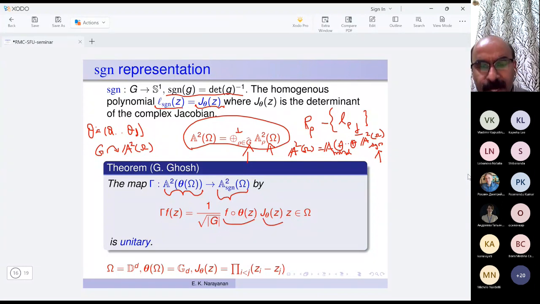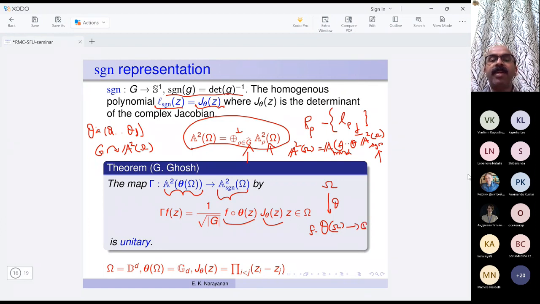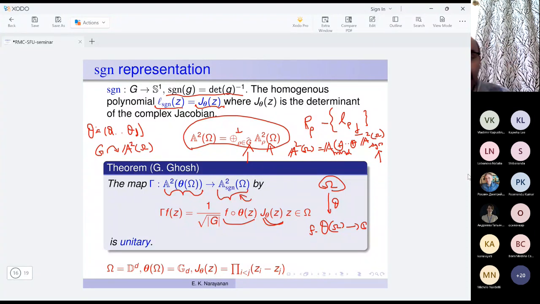Okay, so f of theta z would make it into a function on omega, right? So I have omega, I have theta of omega here, and this is the map theta. I'm looking at holomorphic functions here. I pull it back by composing it with theta. I'll get a function on omega, and I multiply with the complex Jacobian. Then I'm going to get something in A2 sign. Okay, that is what it says.